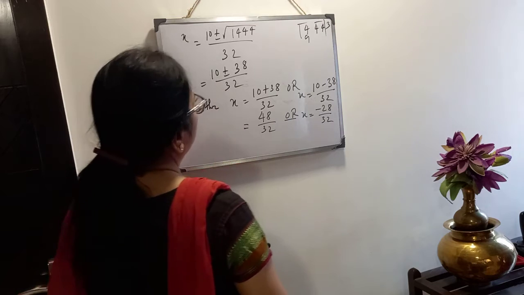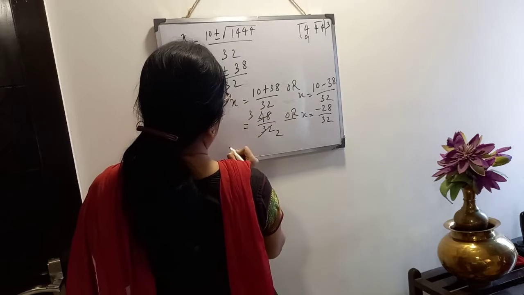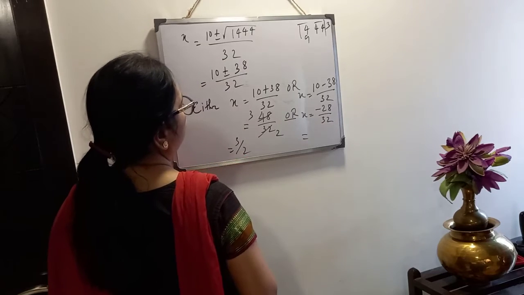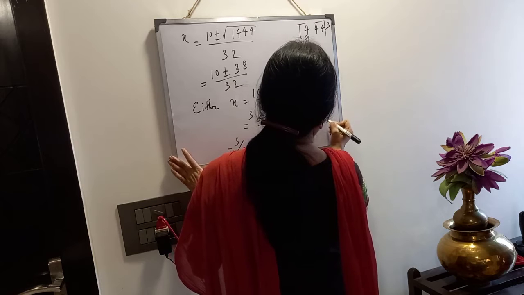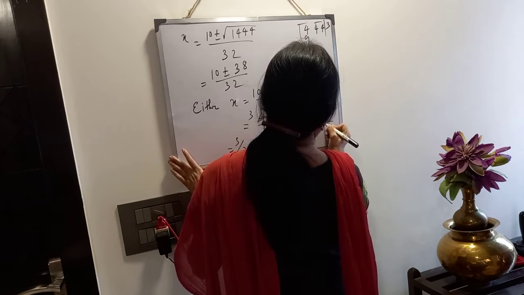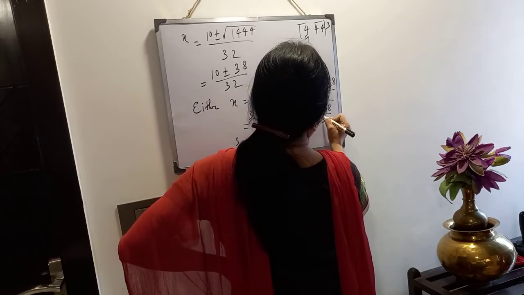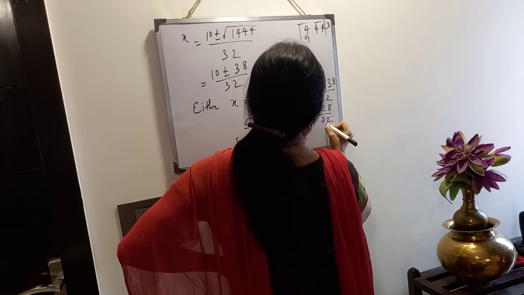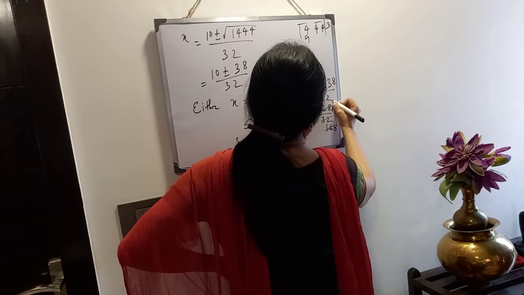Now this we can cancel by 16. 16 into the 3 by 2 and here 7 by 4, by 2, 32, 14, 8, 7.